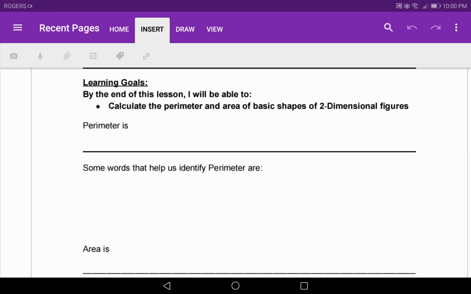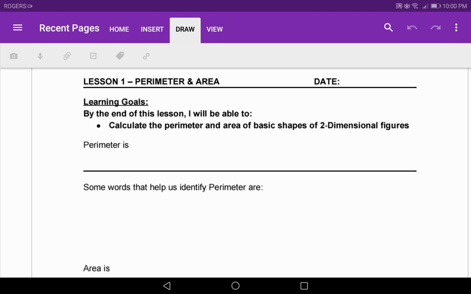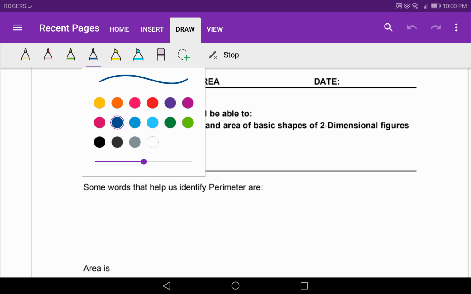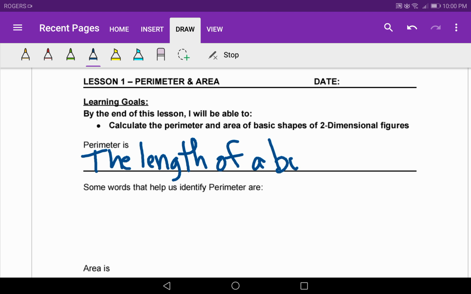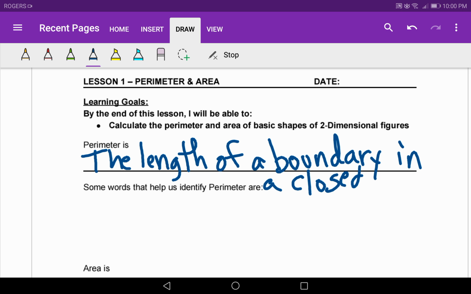That's what I'm going to write here: the length of a boundary in a closed shape.